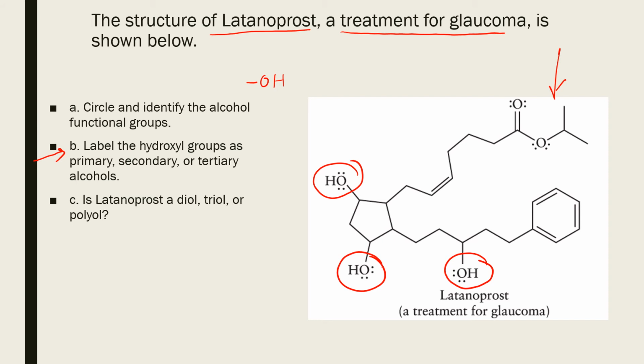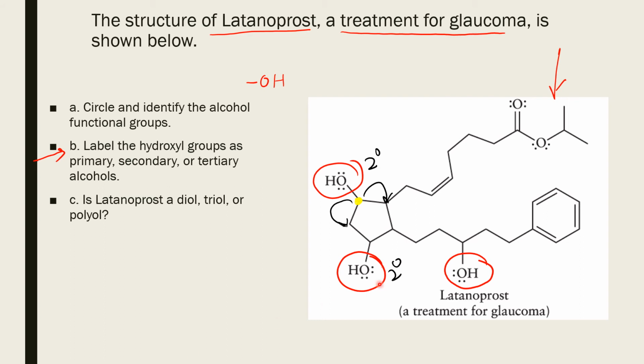So for example, in here, this carbon atom is linked to 2 more carbon atoms. So therefore, this alcohol group would be a secondary alcohol group. Similarly, the OH group in the middle is linked to a carbon atom which is further linked to 2 more carbon atoms. Therefore, this would also be a secondary alcohol group.